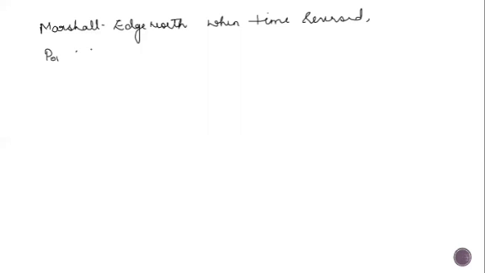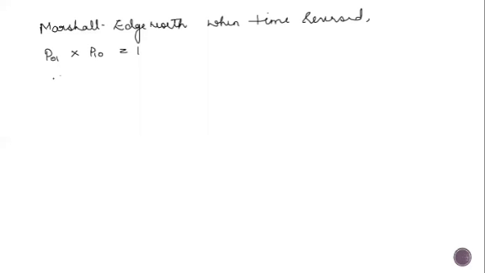Marshall Edgeworth, when time is reversed. So price of the base in the current year into price of the current and the base year is equal to 1. So this is the formula of TRT. This you have to keep in mind. Now, what is the Marshall and Edgeworth formula?